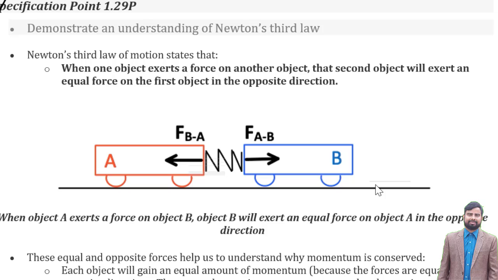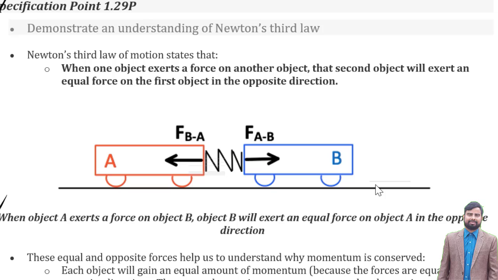As a demonstration, when object A exerts a force FAB on object B to the right, then object B will exert an equal force on object A in the opposite direction. So FBA means object B gives a force to object A to the left.